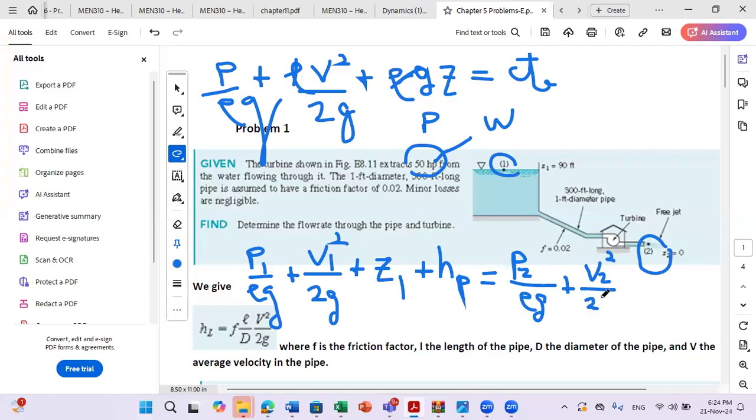And in this case, if we have a turbine, we should add it from this side because the turbine will extract energy from the fluid. So we add plus turbine head. And of course, if we have losses, we need to add losses head.